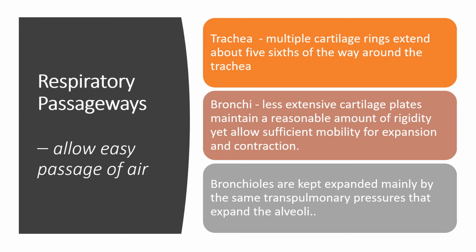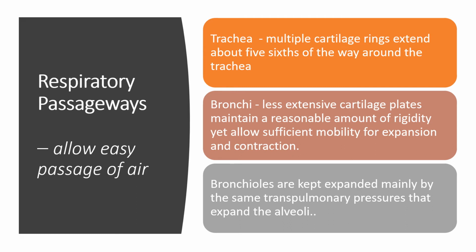To keep the trachea from collapsing, multiple cartilage rings extend about 5/6 of the way around the trachea. In the walls of the bronchi also, there are less extensive curved cartilage plates, which maintain a reasonable amount of rigidity and yet allow sufficient motion for the lungs to expand and contract.